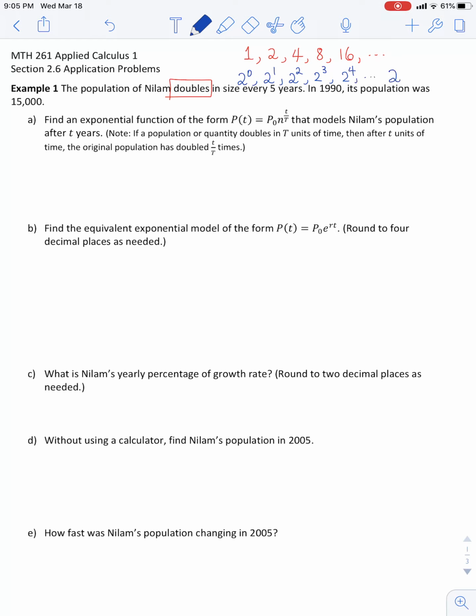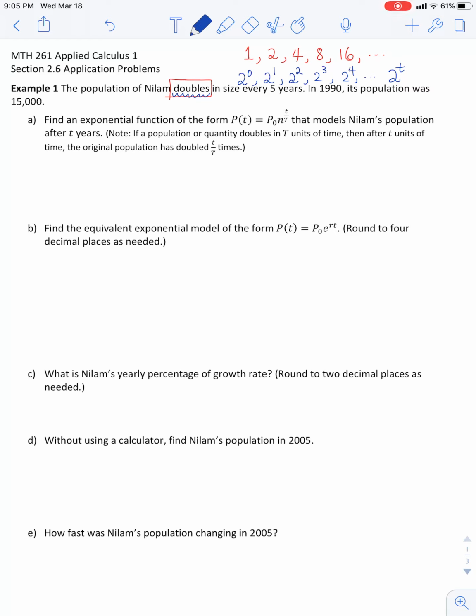So whenever we have a case like this that's doubling, the base of our exponential will be 2. And I'll just put x here, but depending on the input variable, it looks like they're using t, so I'll put t for right now, but we have to keep on reading because it's going to be more than that.